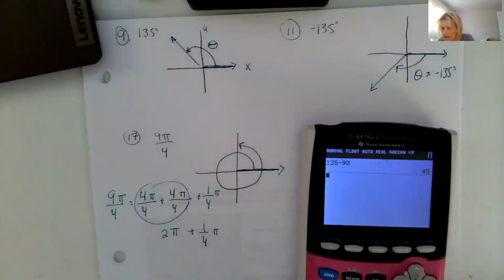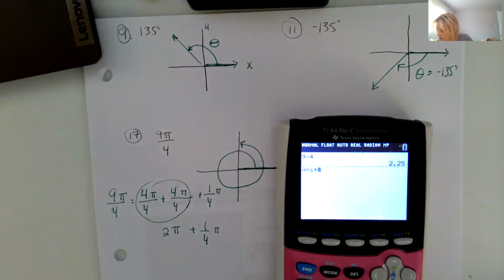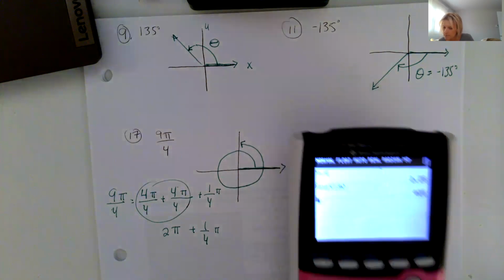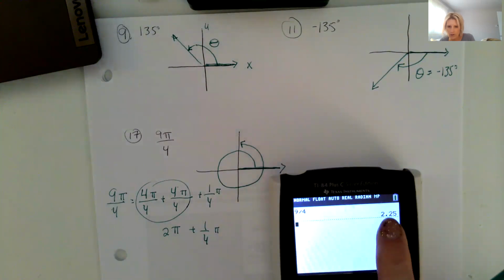9/4 pi, if we just take 9/4 and multiply by 180, you can see 9/4 is 2 1/4.